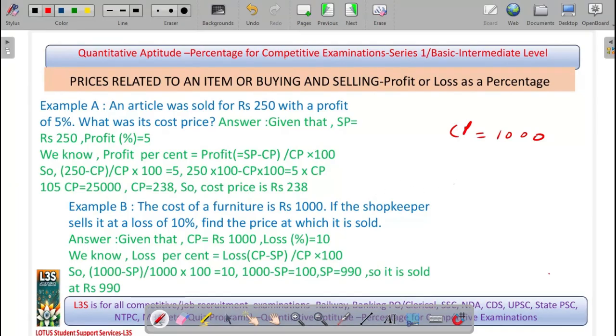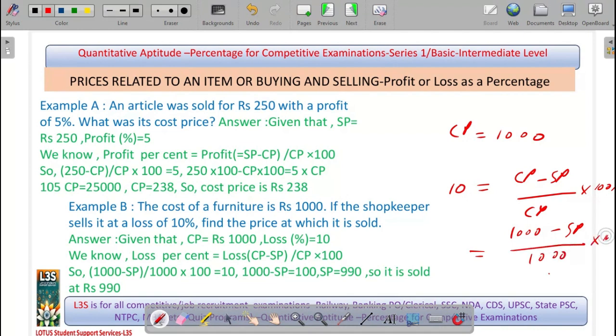So 10% is equal to 1000 into 100%. If we now find SP, we get 990.